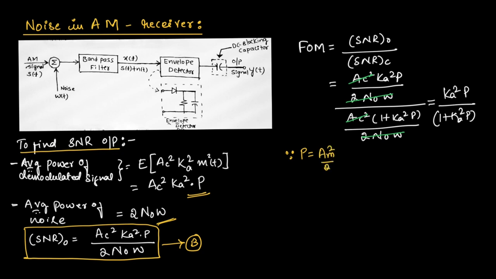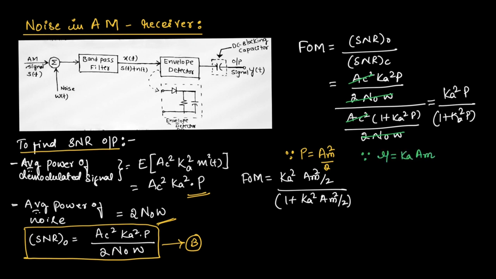I'll just substitute it for P. As we know, mu is the modulation index of the amplitude modulated signal, which is Ka Am. I'll just substitute it in this equation.